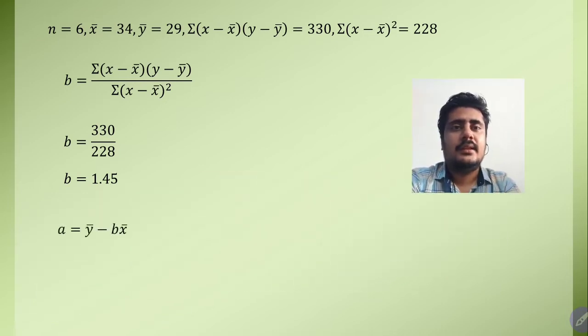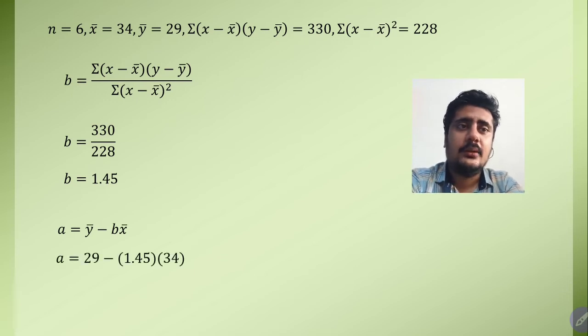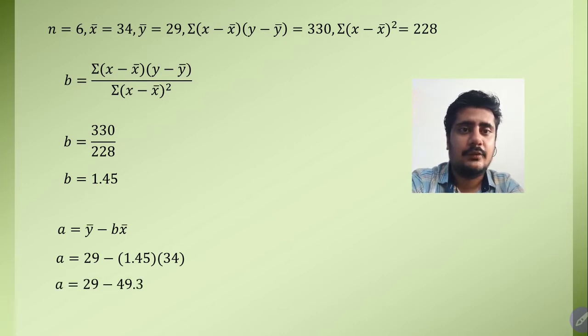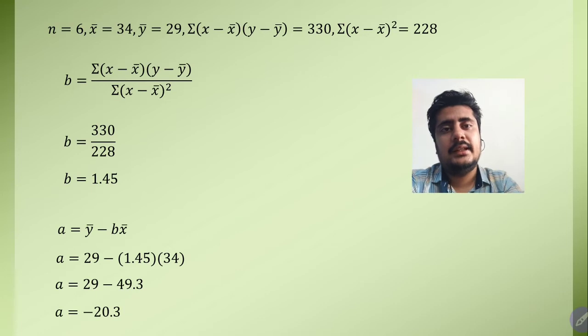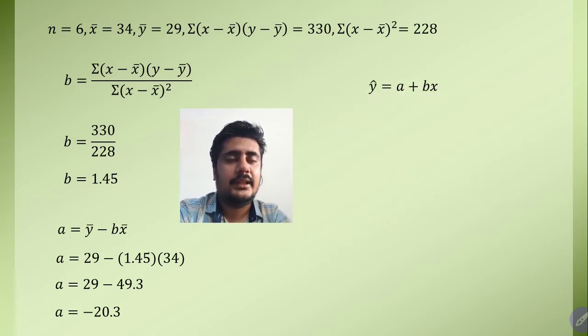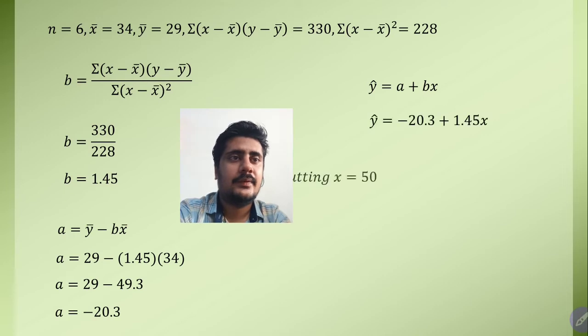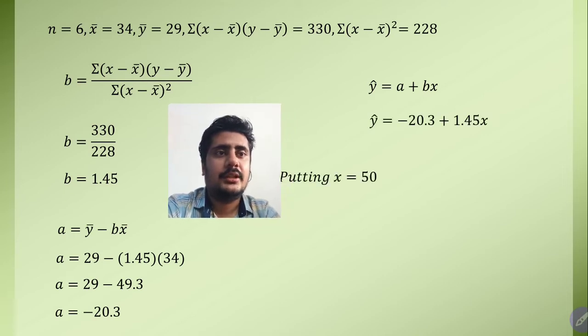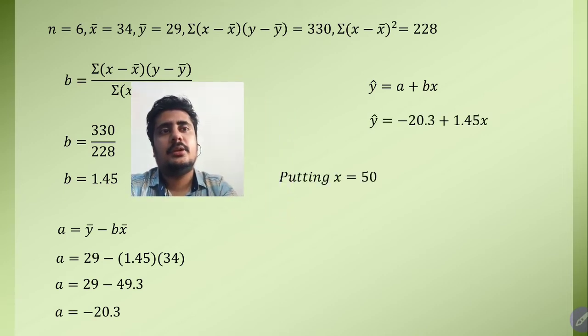Then next step is a is y bar minus b x bar. Now y bar you have found earlier 29, b is 1.45 and x bar is 34. So a is negative 20.3. Now what is y cap? Y cap is a plus b into x. So it's minus 20.3 plus 1.45 x.